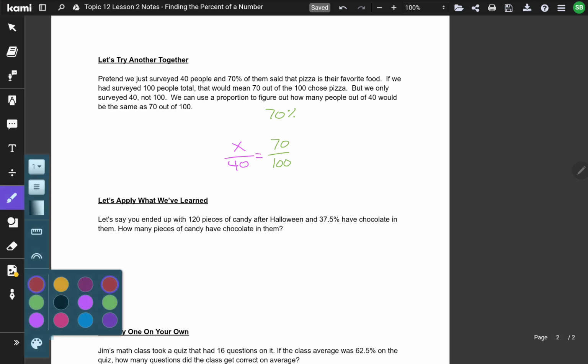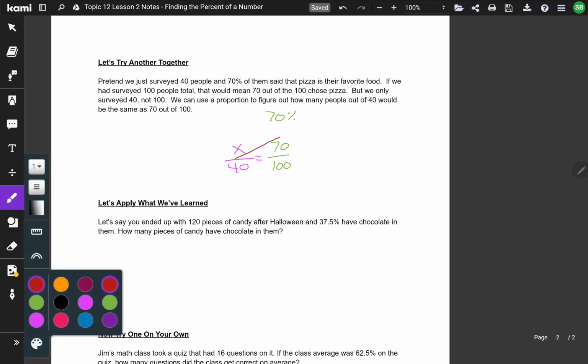From here, we know it's a proportion. I can just go through and solve it. Cross multiply. 40 times 70 is 2,800. That's as simple as 4 times 7 is 28, and then I bring up my two zeros. Then I divide by that third number, 100.